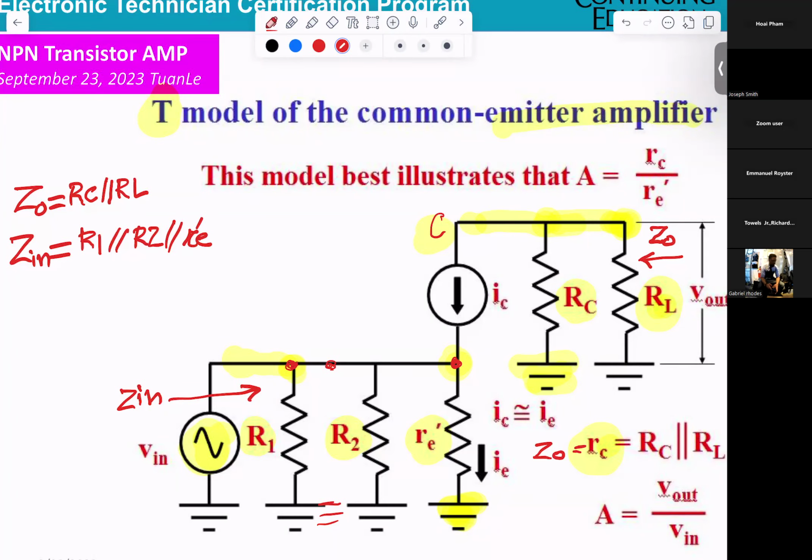And the gain of the amplifier. See, gain is here: V out divided by V in. And the gain, they already gave to you here: RC, that means Z out divided by R prime E. That's one of the formulas you need for the common emitter amplifier.